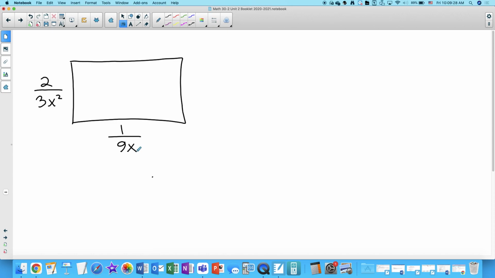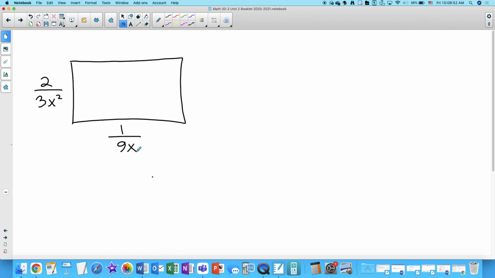I've seen a question very similar come up at least twice. You could be asked for an expression for either the perimeter of the rectangle or the area of the rectangle. So let's remind ourselves, how do we figure out the perimeter of a rectangle?